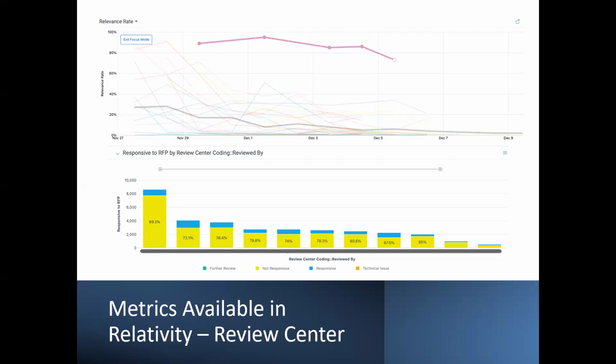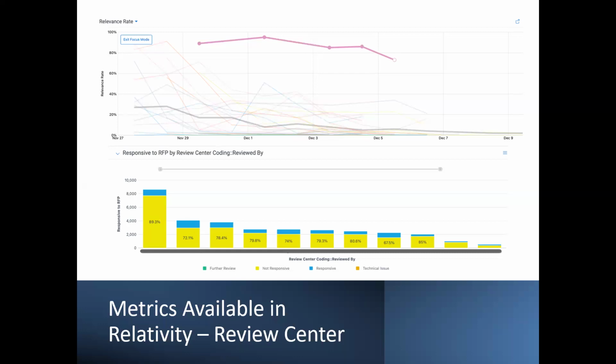Now, the other thing that's helpful with this chart is on the top, you can see that magenta colored line. If you look at the trend in general of all the other lines on the chart, that is a complete outlier. What that shows me is that reviewer is actually number one, even though his line is the same shape as those in the rest, where responsiveness is higher and then trails off toward the end.